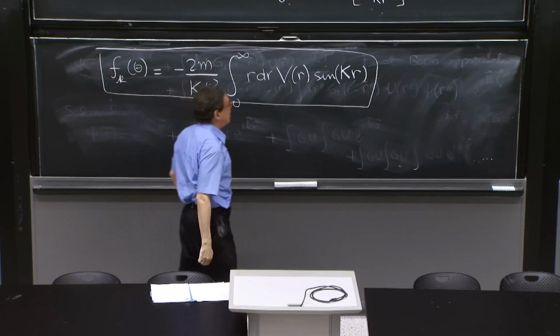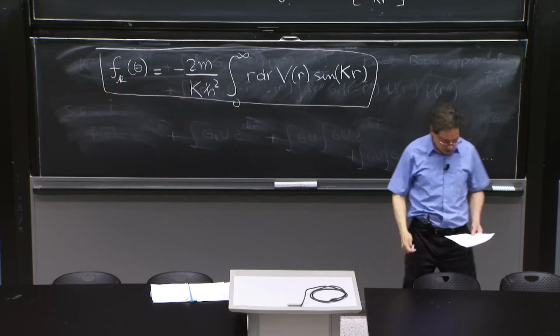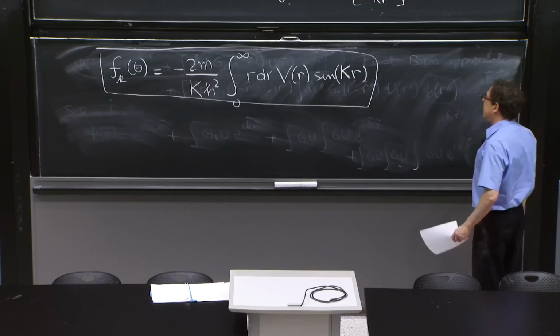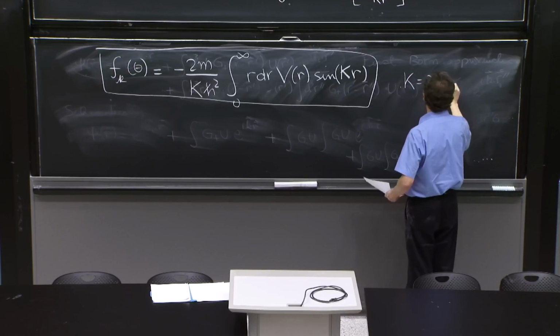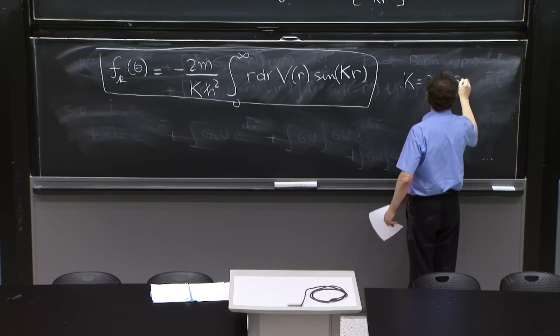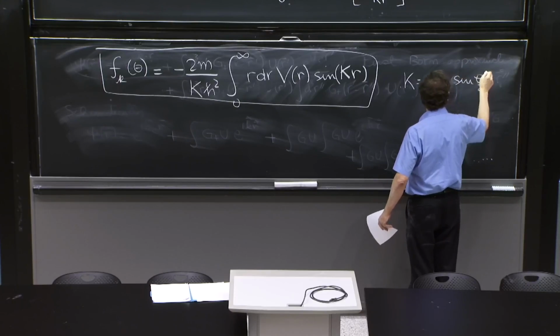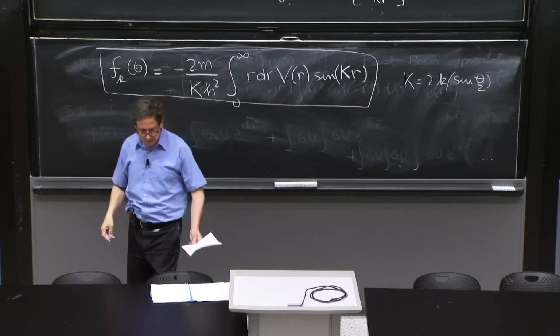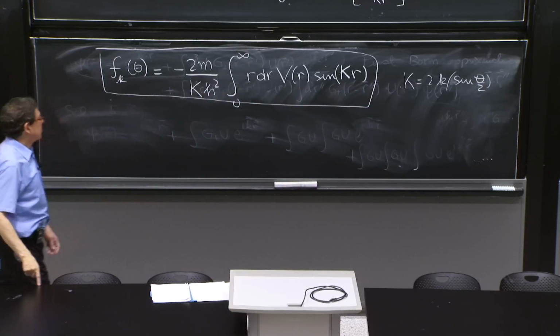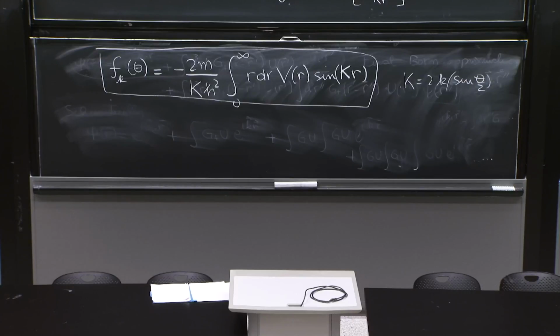So the Fourier transform got partially done. And here K, as you remember, is 2 little k sine theta over 2. So there we get the Born approximation simplified as much as we could.